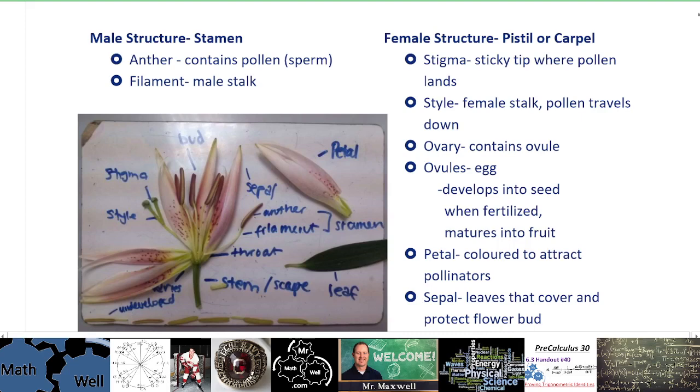They cause the anther and the pollen contained to touch the stigma, or they disrupt things so that there's this cloud of sperm in the air, and the stigma grabs onto it. So pollinators would be little insects or bugs or whatever that crawl around and disrupt this and cause the pollination. The sepal, that's the leaves that cover and protect the flower bud.